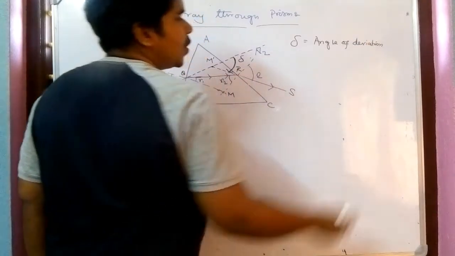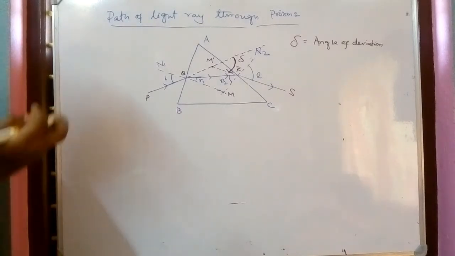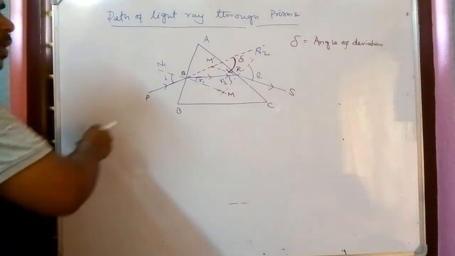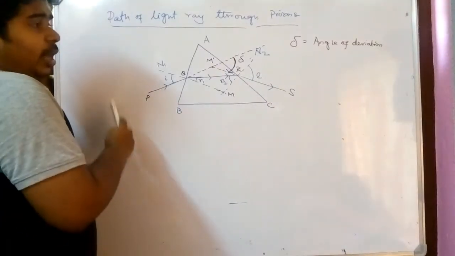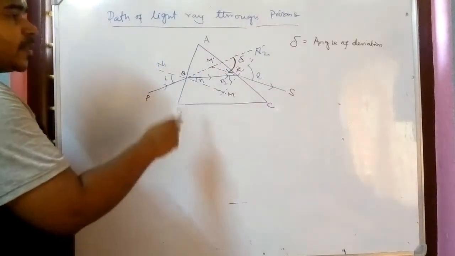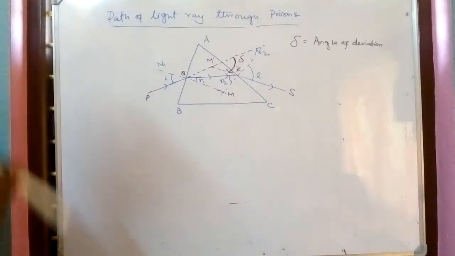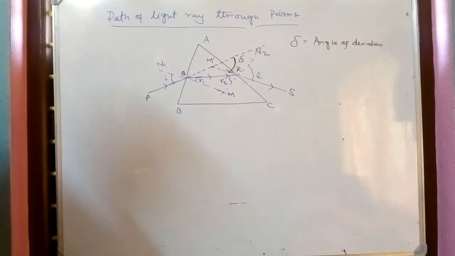Deviate means, you all know, if anyone deviates from their own path, own idea, that is deviation. So that is the exact path where the light should go if there is no prism, but due to the presence of the prism, the light ray bends. Okay, so that is the angle of deviation for a prism.